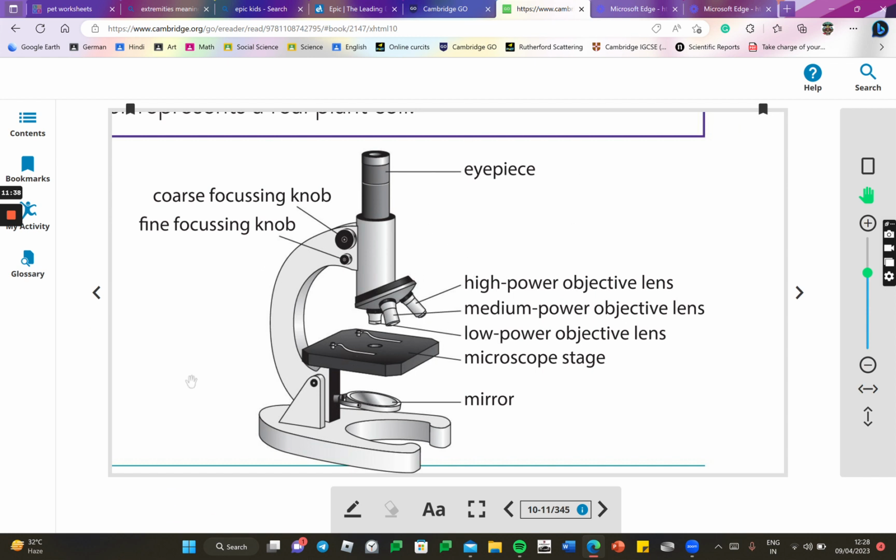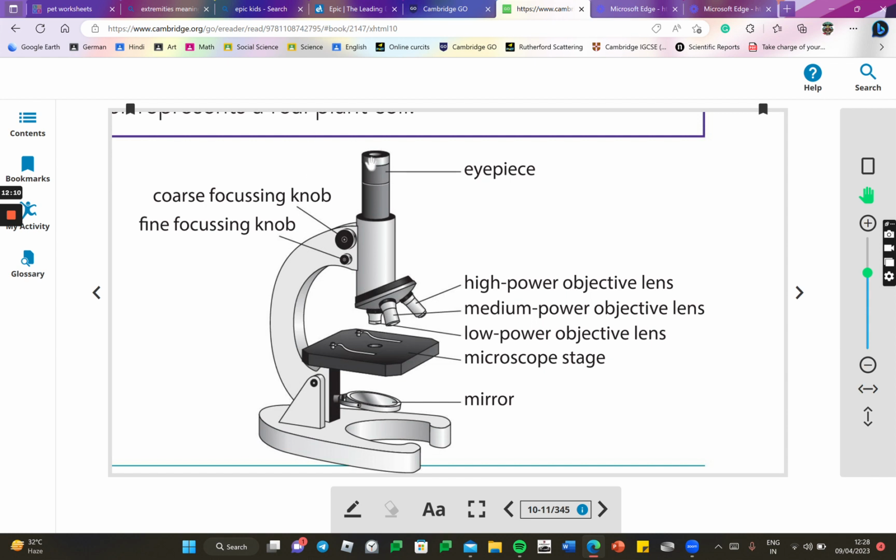So what we can see here is a microscope, and this is the stage, where the main thing is kept. A stage is a place where a show happens or something main happens. So this is the microscope stage. The low power objective lens doesn't really show you deeper, and then there are the medium power objective and the high power objective.